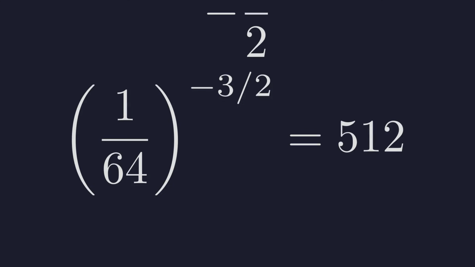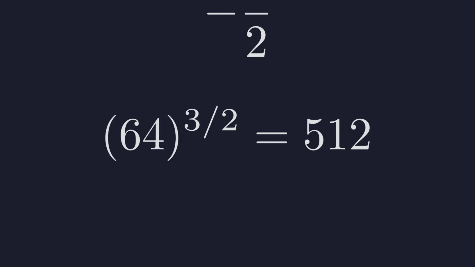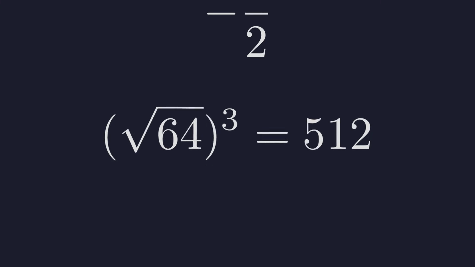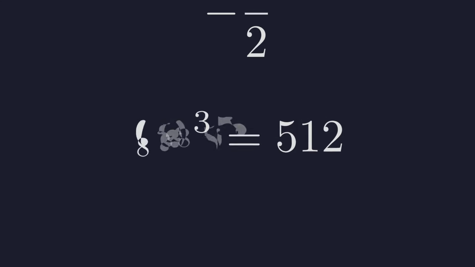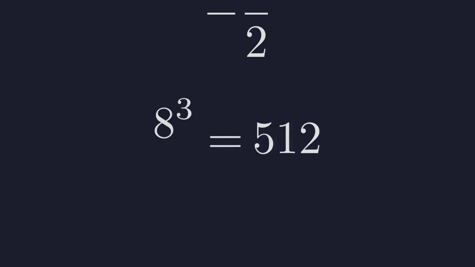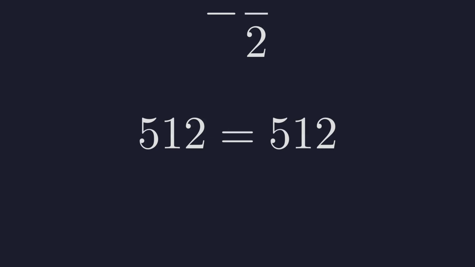We now have 1/64 to the power of -3/2. The negative exponent inverts the base, changing it from 1/64 to 64. So we need to evaluate 64 to the power of 3/2. This is the same as taking the square root of 64 and then cubing the result. The square root of 64 is 8, and 8 cubed is 512. This is also true. Our second solution is correct.